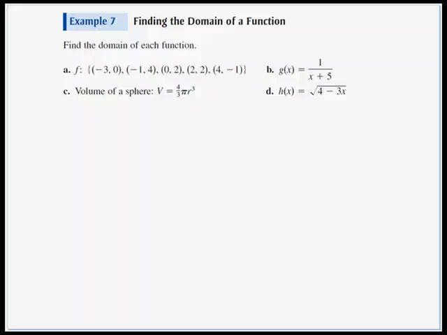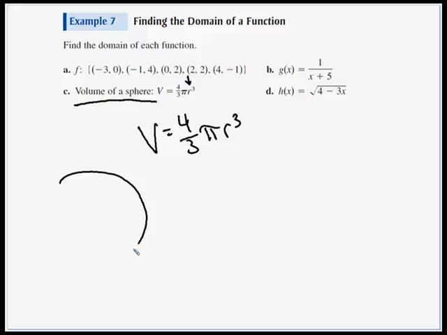Now this next one is just a little kind of common sense. The volume of a sphere. Volume equals 4/3 pi r cubed. Now we've got to think, what does the r stand for? Well, r is a radius. If we have a sphere, our radius emits from the center of the sphere, and it goes to the edge.